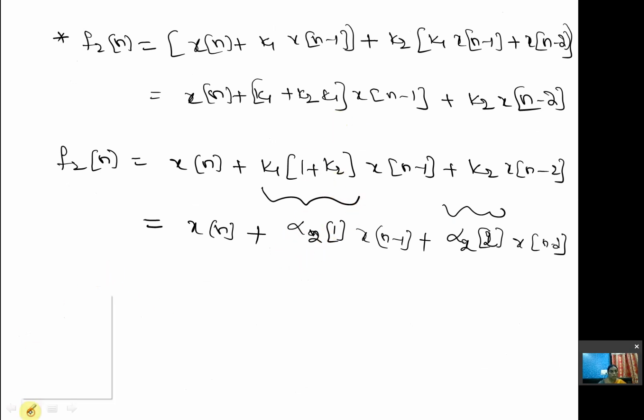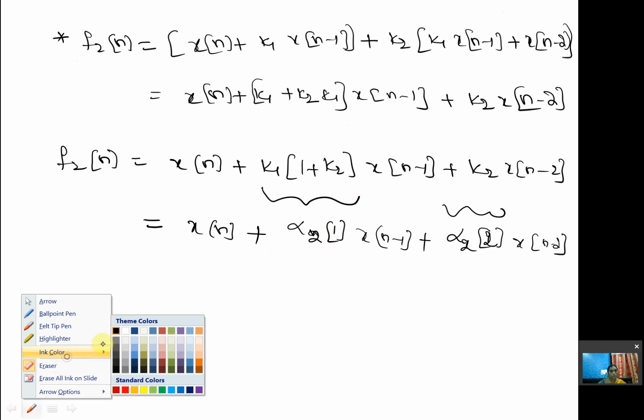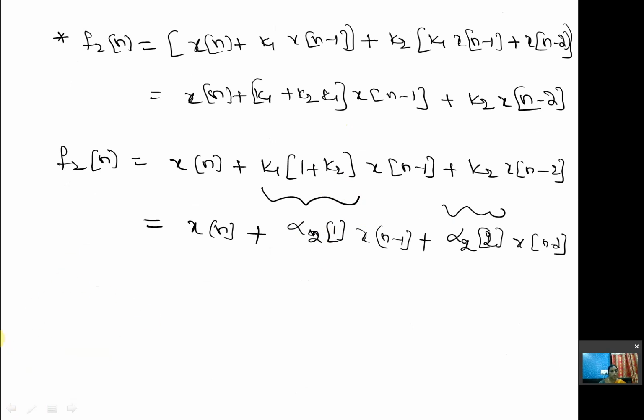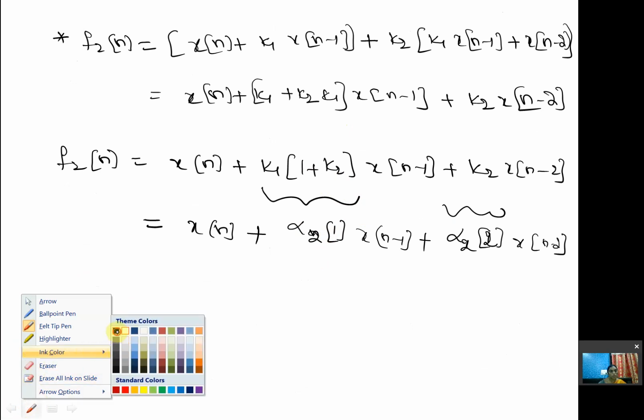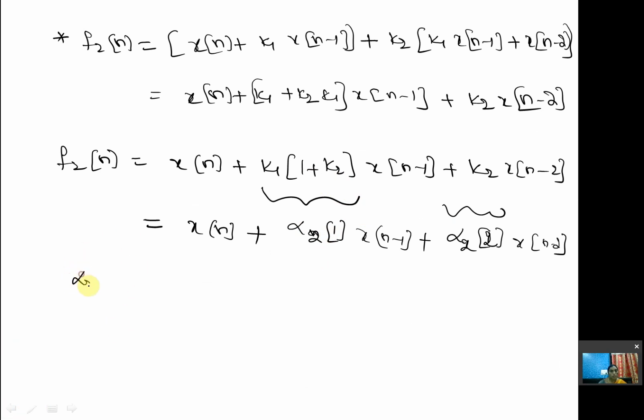That means alpha 2 of 1 is nothing but K1 times 1 plus K2. Alpha 2 of 2 is K2.